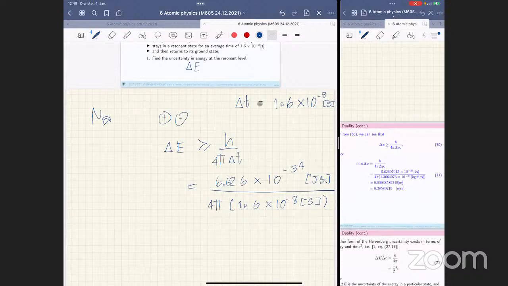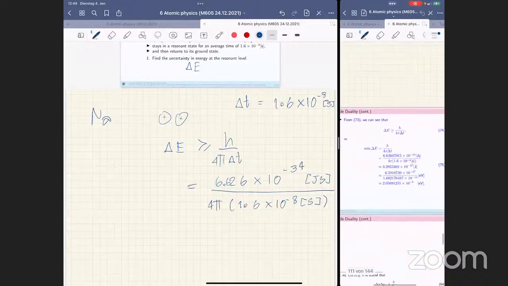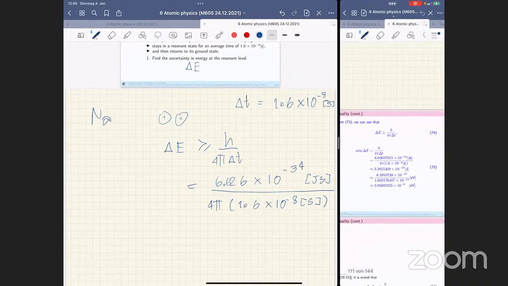Once you put them into the calculator, you will have the result like this in equation 75, in the SI scale: 3.296 times 10 to negative 27 joule.